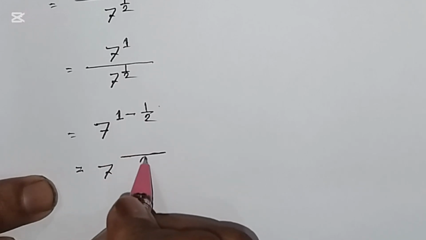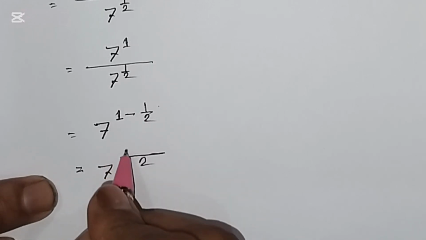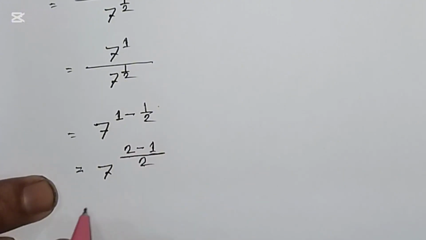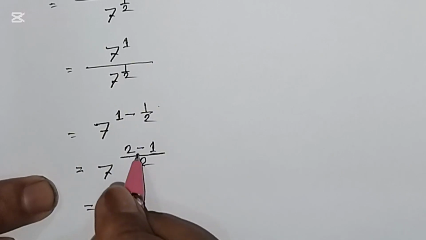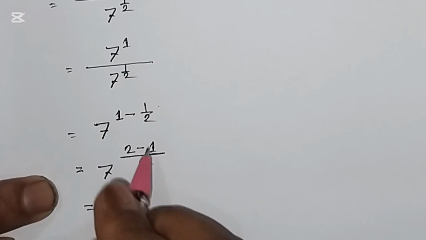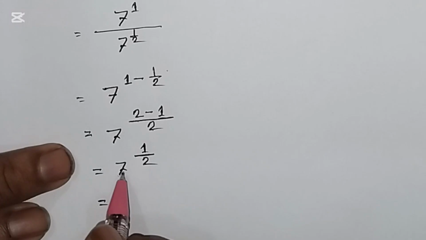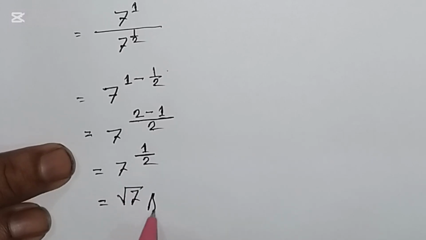Here the LCM value is 2, so 2 multiply 1 equals 2, minus 2 divided by 2 equals 1, 1 multiply 1 equals 1, equals 7 power. Here the subtracted value is 1 by 2. So 7 power half can be written as root over 7.